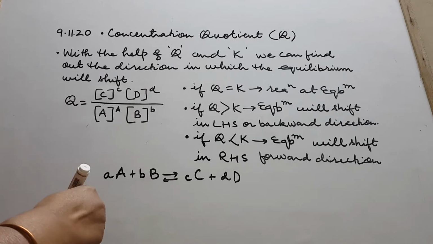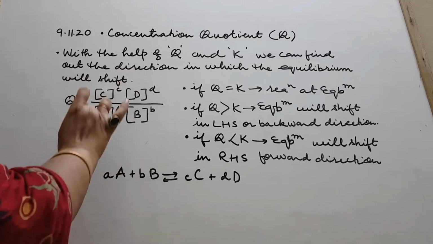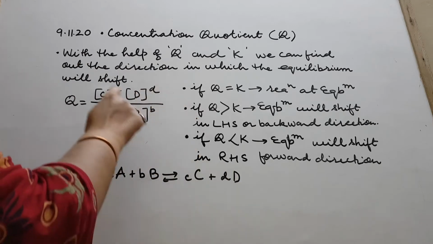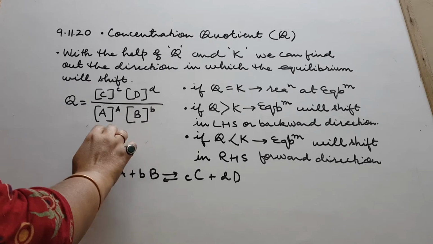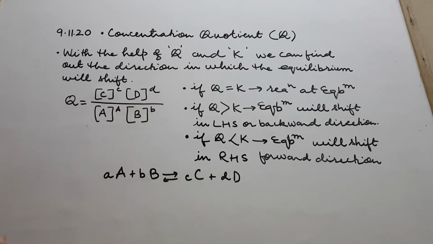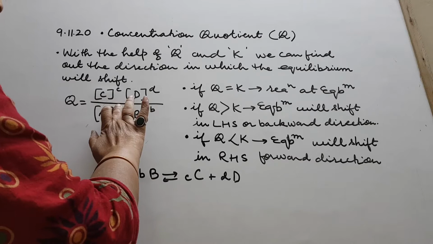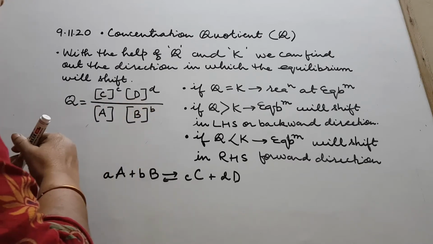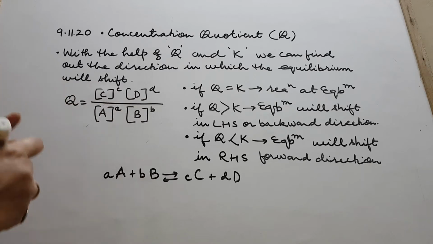So for this, if we used to calculate K, it used to be P upon R. This is the product side, C to the power c, D to the power d, and then reactant A to the power a, B to the power b. What are these? They are active masses, or call it molar concentrations per liter, and these are the stoichiometric coefficients, right children? So this is what used to be for our equilibrium constant.